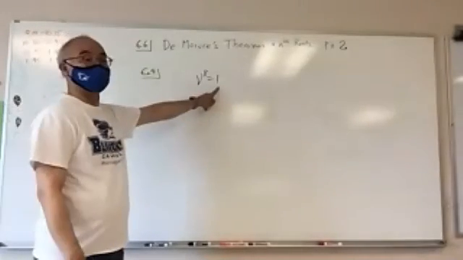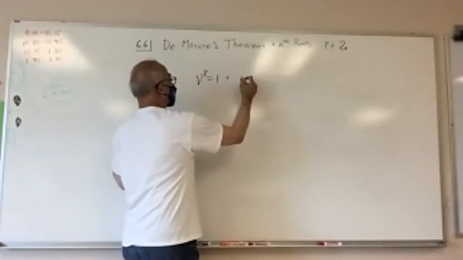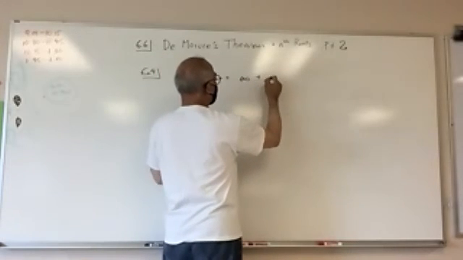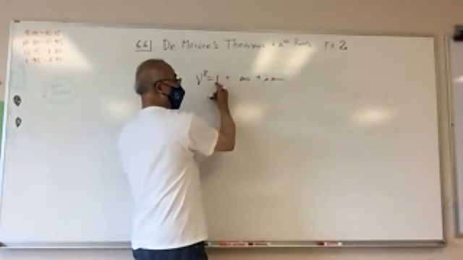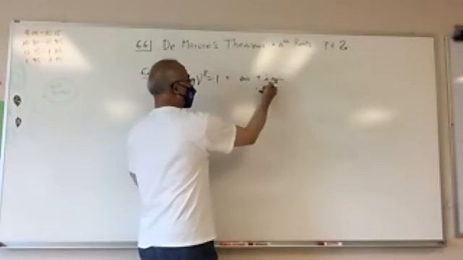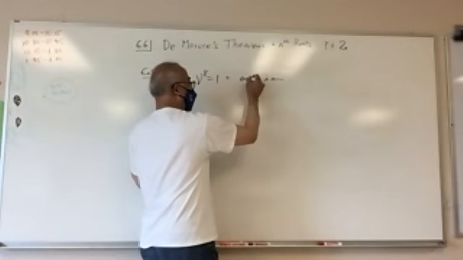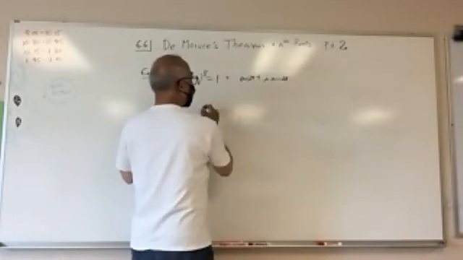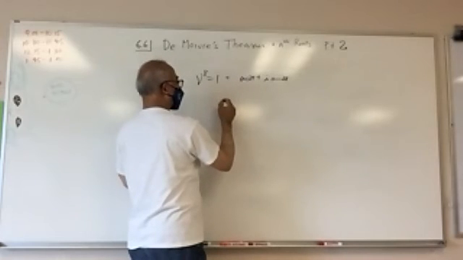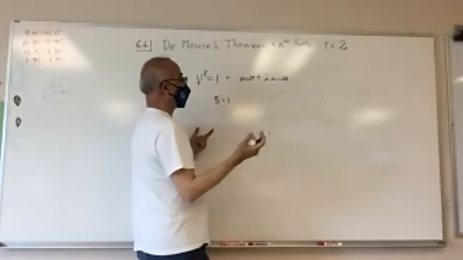Unity is 1. Again this is cosine something plus i sine something, where it's 1. So this has to be 1 and this is going to be 0, right? So what is that? 2 pi. The 8th root of 1 is equal to 1, so I'm not going to write it anymore. There's no need to do that.